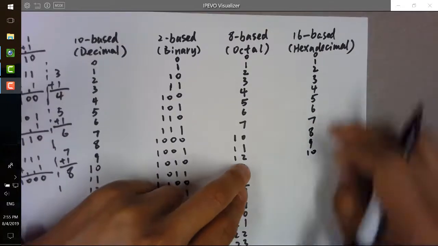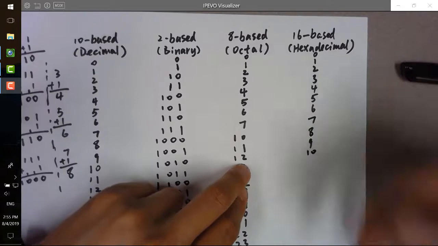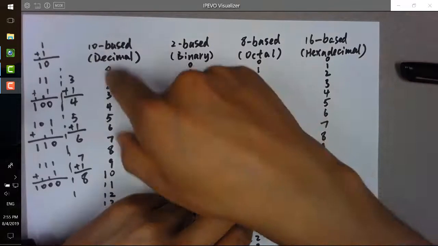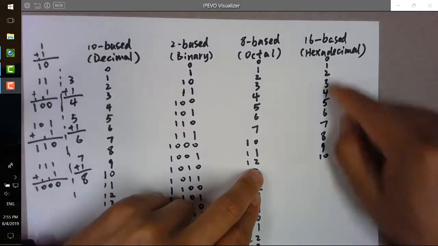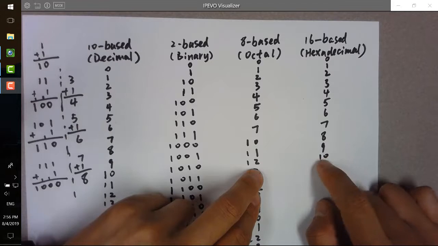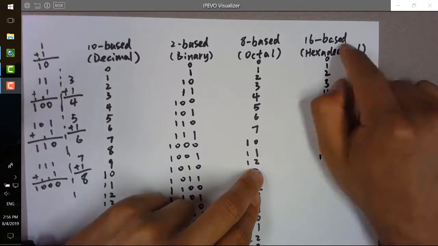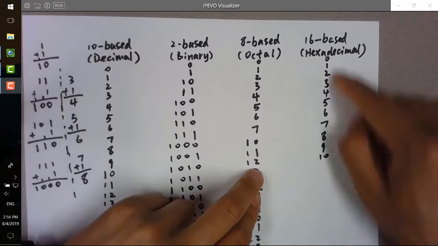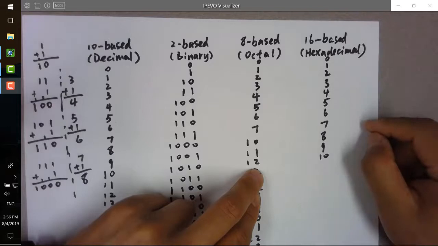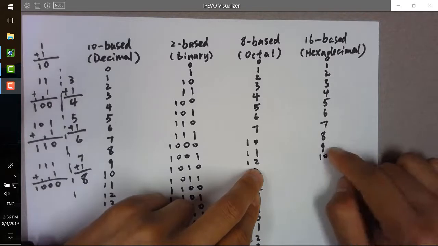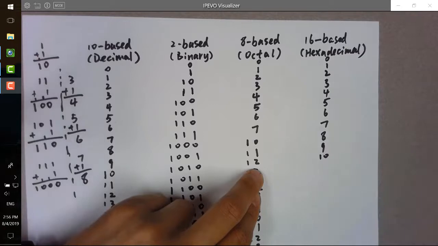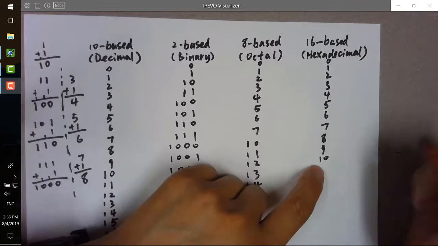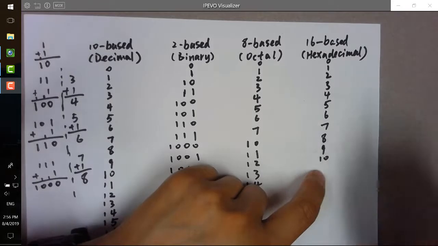But the problem is, since we are reusing, or you can say recycling, the Arabic numerals from 0 to 9 as the symbols to represent all these numbers, we are out of symbols right now, because for the 16-base number system we have up to 15. It's actually 16 numbers in there, but we only have 10 numerals in the Arabic numerals. So we have to be more creative. We have to use something else to represent a 10 in a single digit.